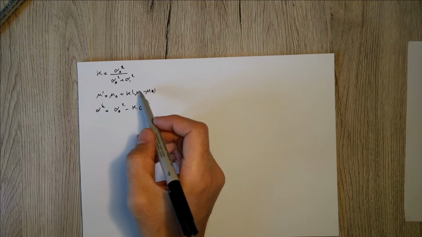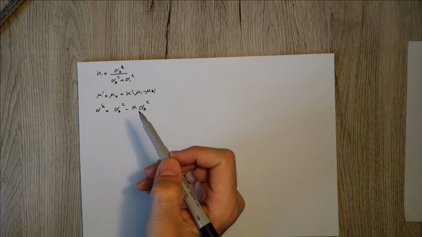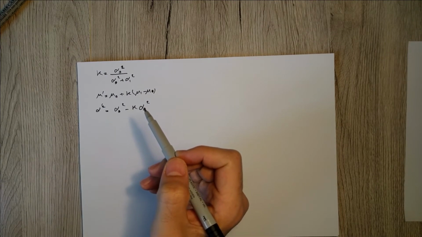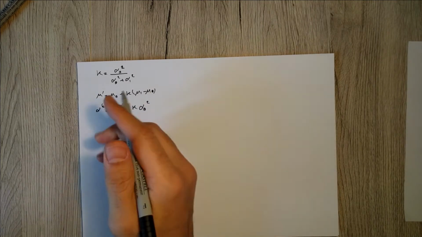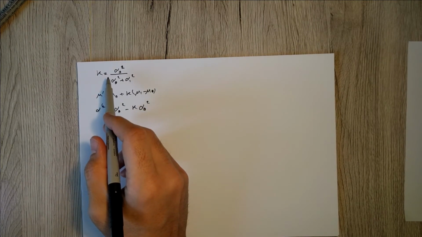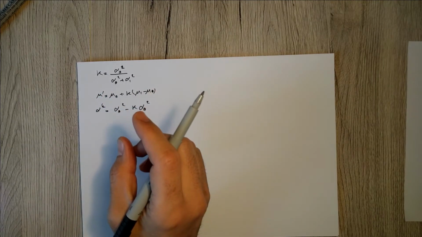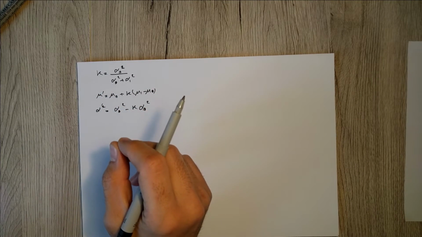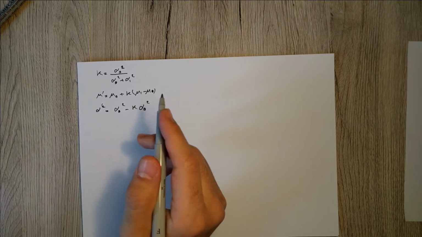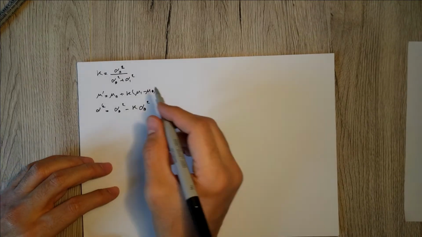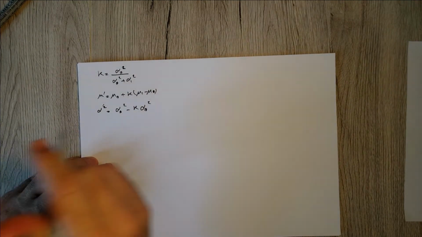And when K is 0, we can see the new mean is the mean 0. This is the essence of the Kalman filter: this gain will tell us how much we get closer to our measurements or the model. So the limits for K are 0 and 1.